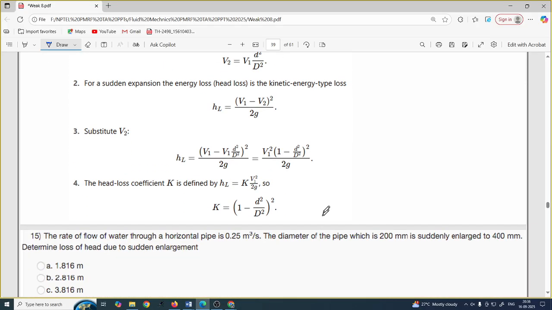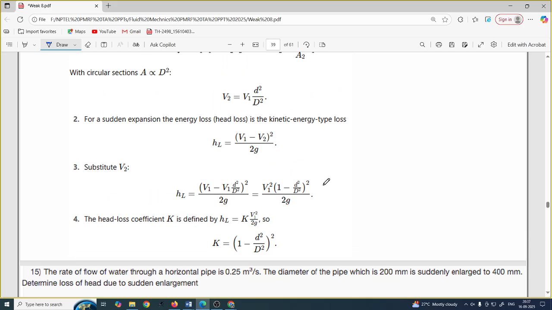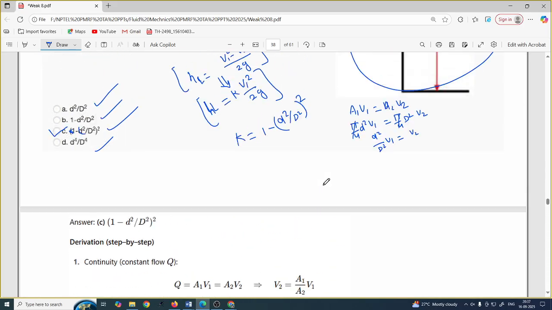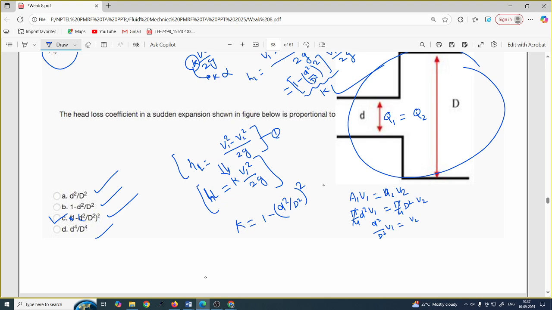So here is the step by step calculation. Oh, no, sorry, the formula for this HL is v1 minus v2 whole square by 2g. So remember please, such type of mistake you can also do. So everything is the same, but this is whole, not like that, this is whole power.